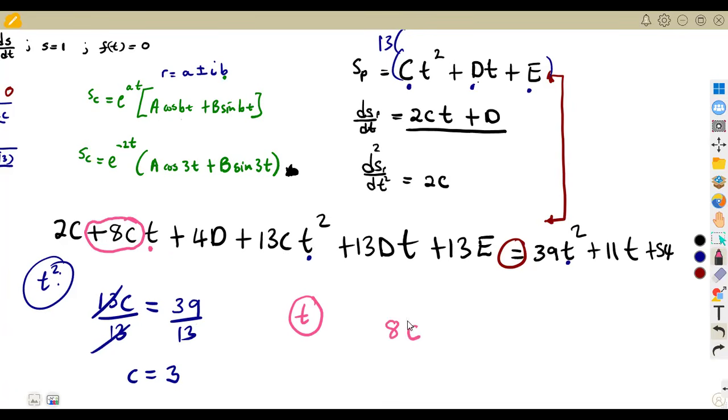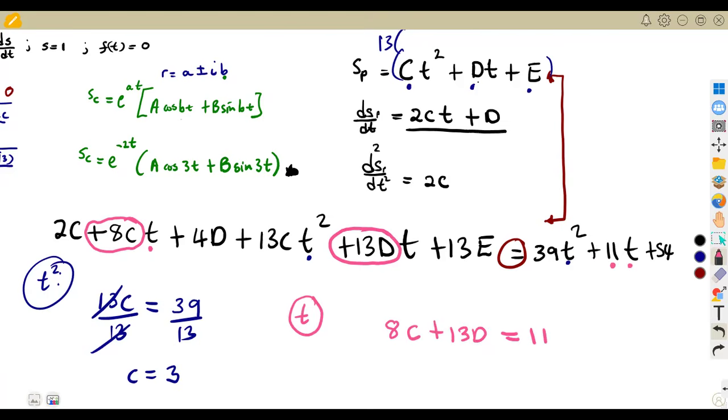If I combine this 8C to another, where there's T, the coefficient of T there is 13D. So plus 13D, I no longer have anything. So this must be equal to the coefficient of T on the right-hand side, which is 11.